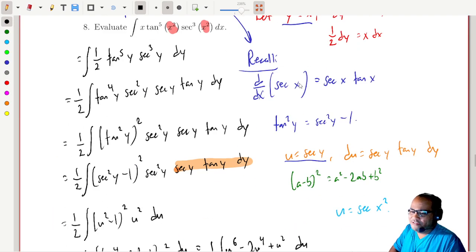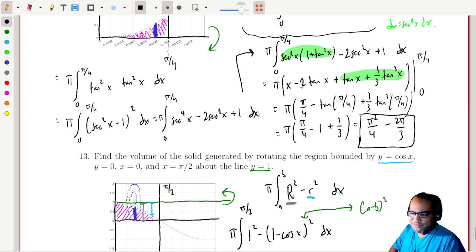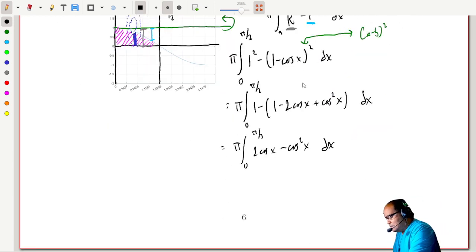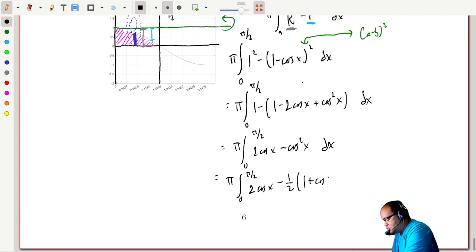So let's go ahead and write that in. We have 2 cosine of x minus 1 half of 1 plus cosine of 2x dx.